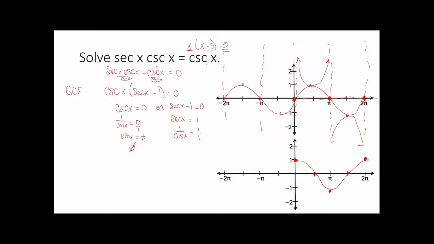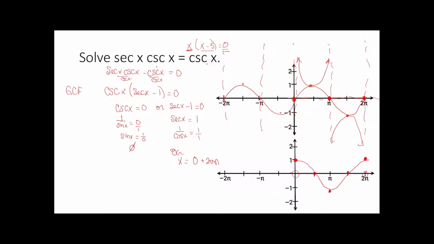So where would the cosine be a positive 1? It would be a positive 1 at 0, at 2 pi, at 4 pi, at 6 pi, at 8 pi. So x would be equal to 0 if you want to hold that place, plus 2 pi n, or simply 2 pi n.